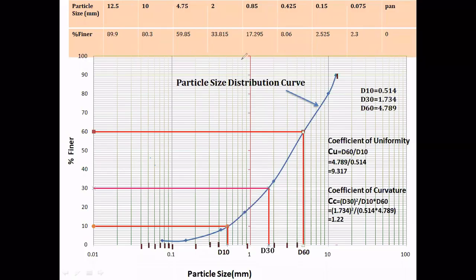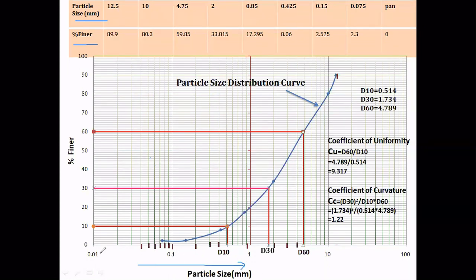Now, in the next calculation, with the help of particle size and percentage finer, that means the second column and the last column, with the help of these two columns, we are going to find out the complete particle size distribution curve. Now, as you can see, on the x-axis there is particle size in mm.